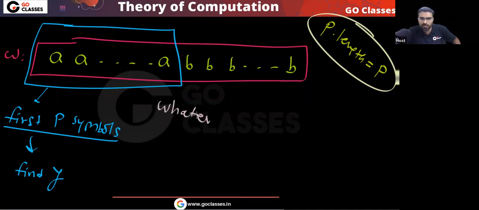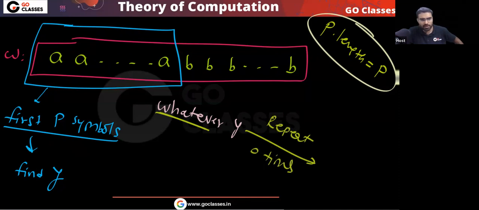The point is simple: whatever y you take, if you repeat it 0 times, in the resulting string the number of a's will be less than the number of b's.